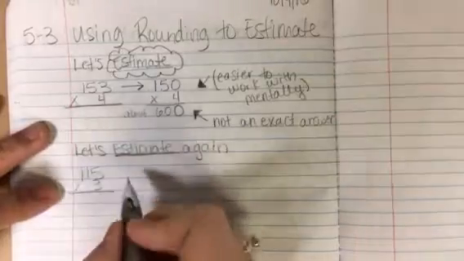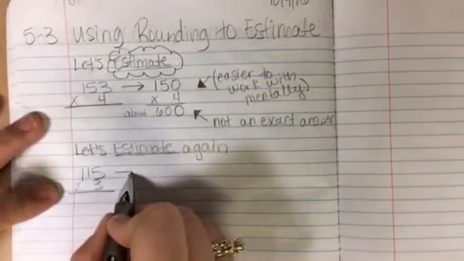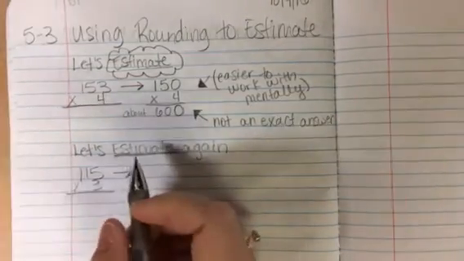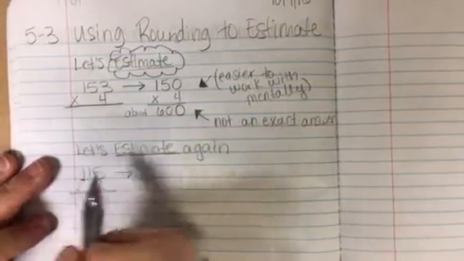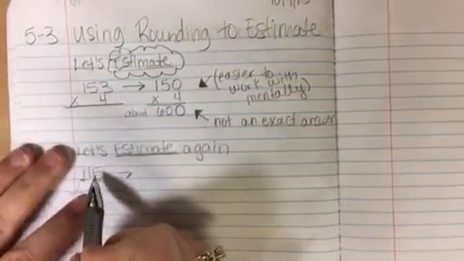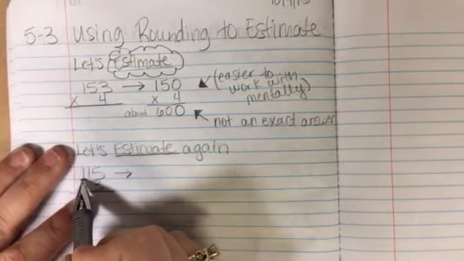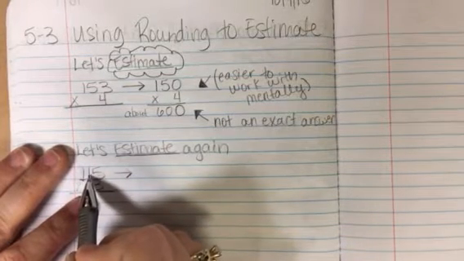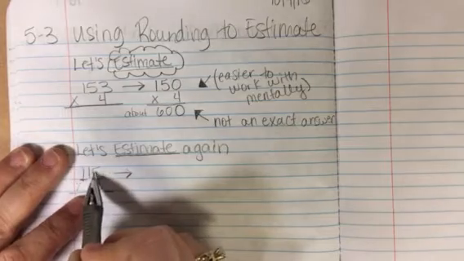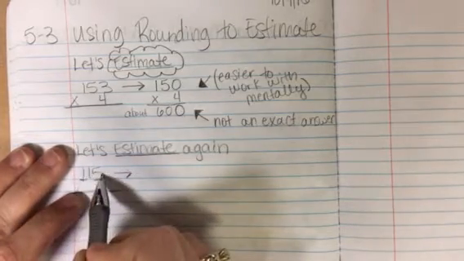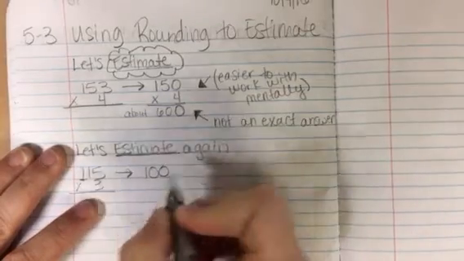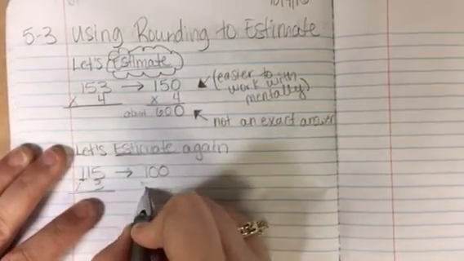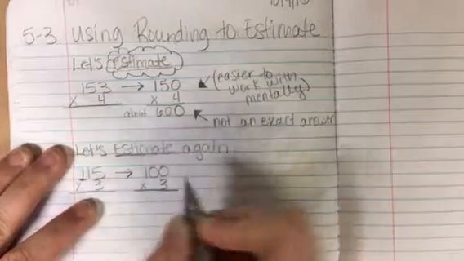Okay, in order to make this better, I know that I'm going to round to this place value, and I know 115 is closer to 100 than it is to 200, so I'm going to round this to 100, and then I'm just going to distribute the 3 over.